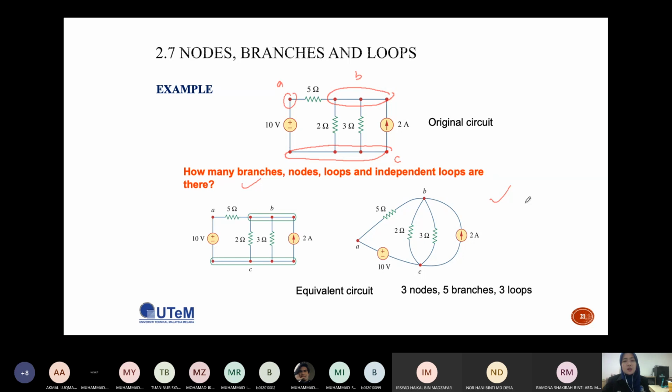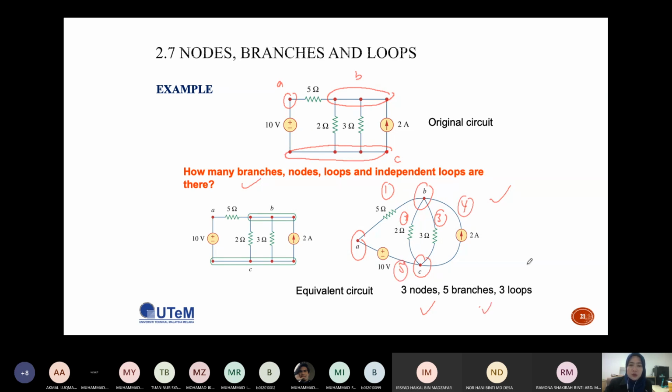From this circuit, it is easier for you to determine how many nodes, branches and loops. For the nodes, we have three nodes, A, B, C. Branches: we have 1, 2, 3, 4, and 5.